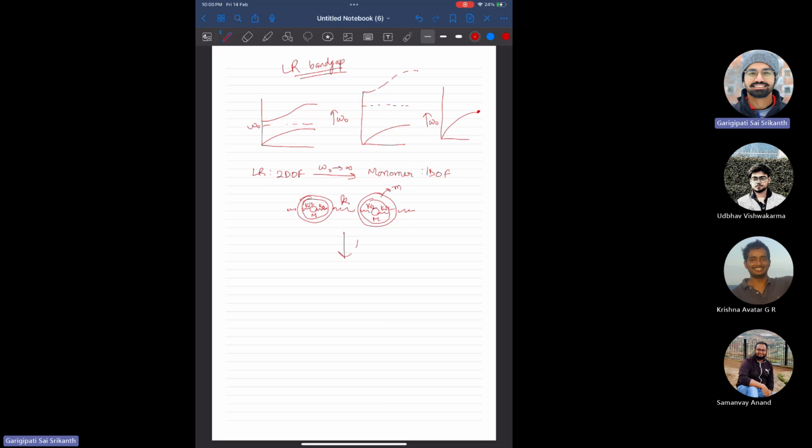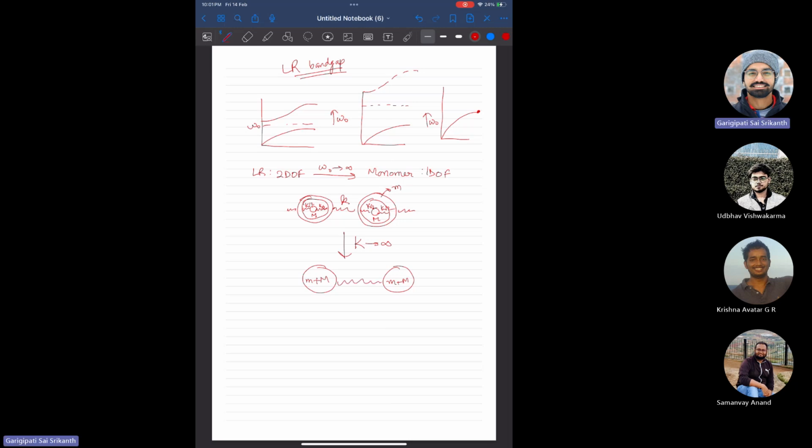So if you make k tend to infinity, then essentially this is just one single rigid mass m.